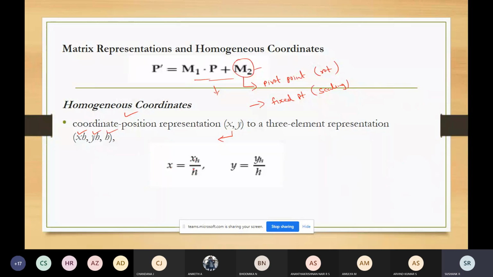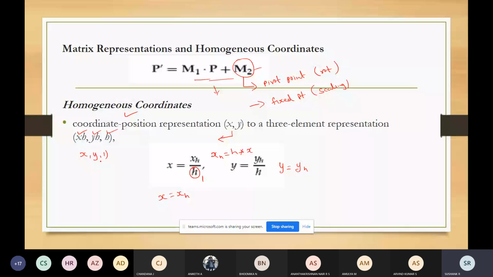If you take the value of h as 1, x becomes xh, and y becomes yh, because xh is equal to h into x. So this will be converted to x comma y comma 1.